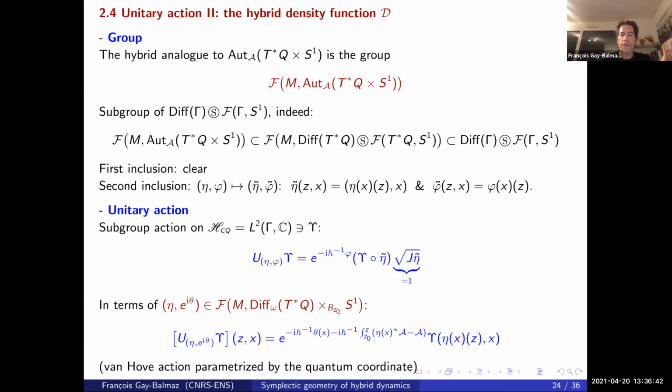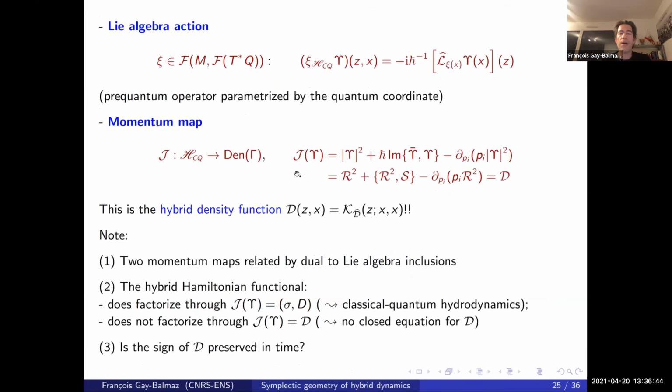So I compute the infinitesimal generator, etc. And I get this momentum map this time. This is nothing else than the hybrid density function, or in terms of the kernel notation, just extract this kernel from the hybrid density operator, taking the diagonal element of this kernel. So very good.